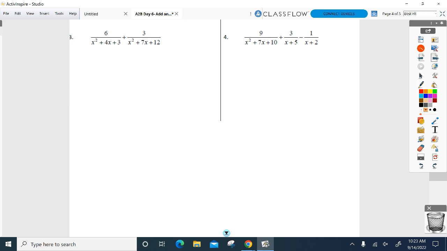Figure out what you're going to multiply the 6 by, right? X plus 4. Multiply the 3 by and do it, okay?